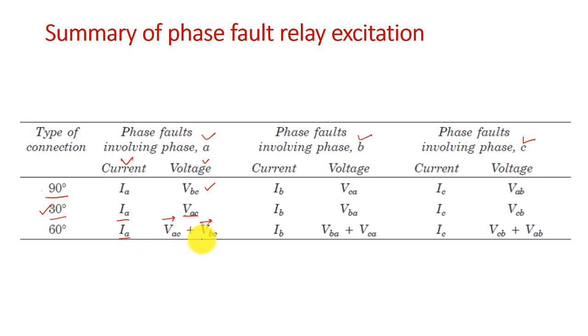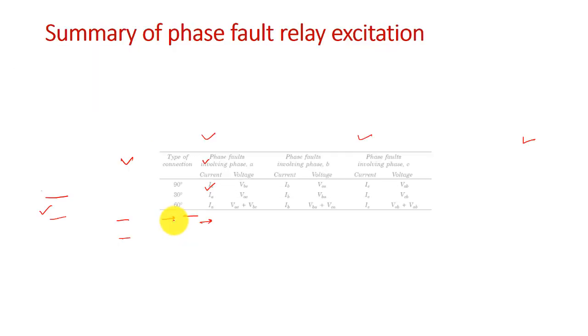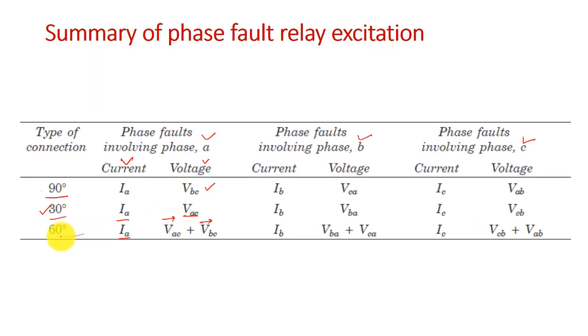If we see the phasor diagram, VAC plus VBC, with this as your IA, will make an angle of 60 degree. Therefore this connection is known as 60 degree connection.